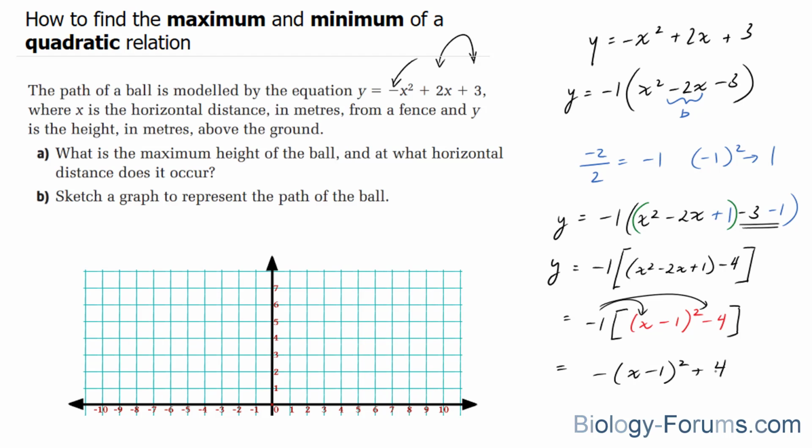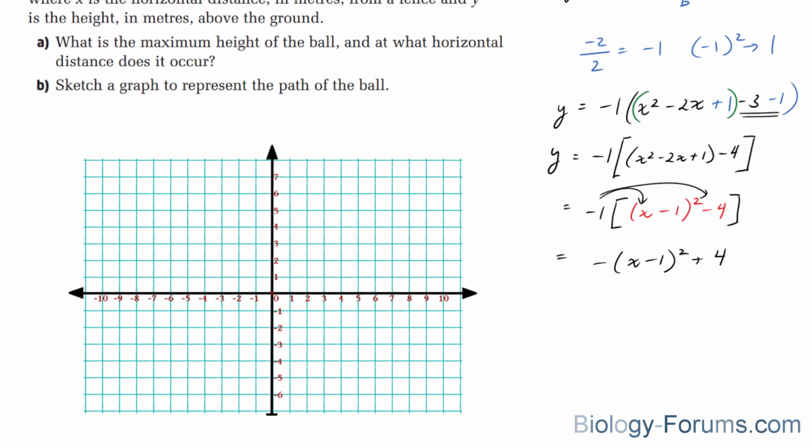Now the reason why I put it in vertex form is because when you have an equation that's in vertex form, this number represents your h, that represents your k, and when it comes to translating this into the coordinates of the vertex, that is your x value, which is +1 because this is negative. Your x is always the opposite, and this remains the way it is.